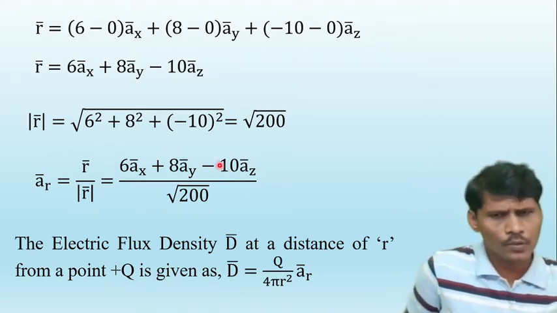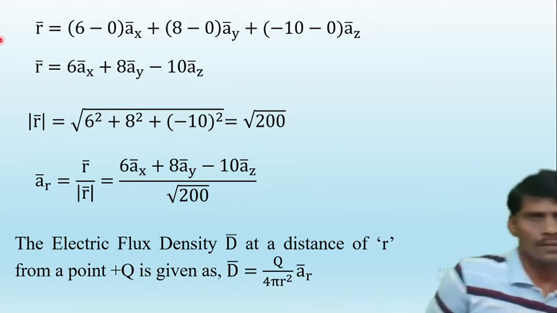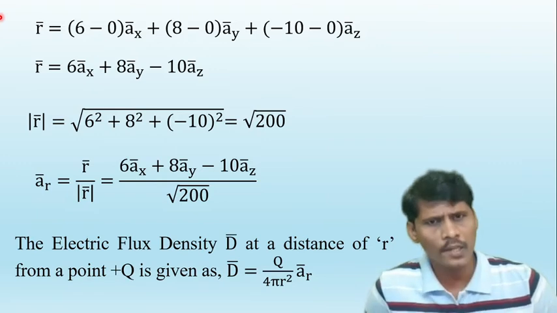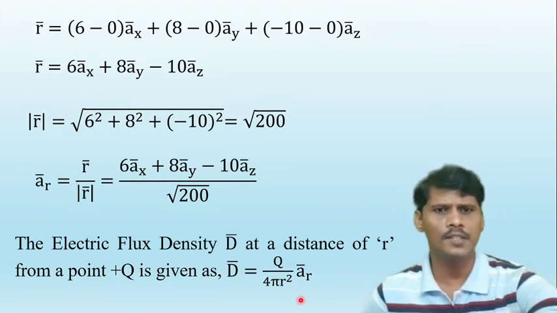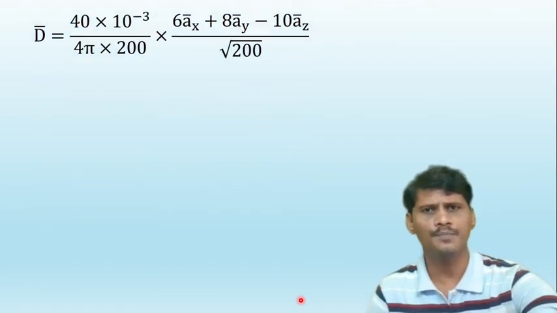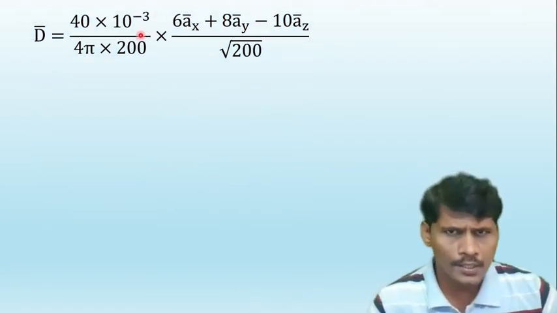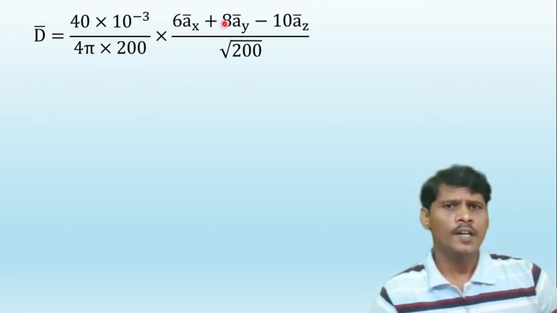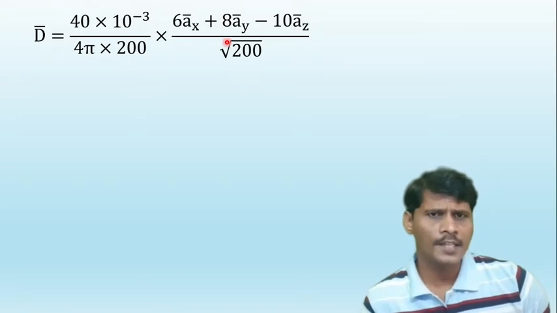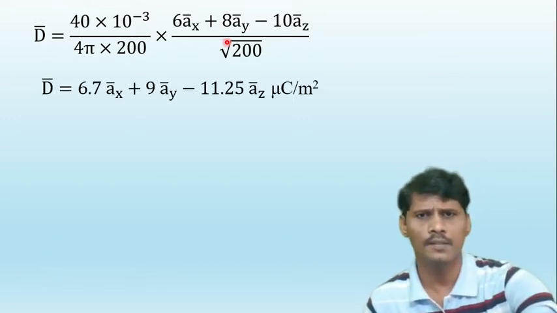Substitute the Q value, the a_r bar value and the r squared value into this equation, and we get the electric flux density D bar equal to: Q is 40 millicoulombs, 40 into 10 to the power of minus 3, by 4 pi into 200, into (6 a_x bar plus 8 a_y bar minus 10 a_z bar) by square root of 200.